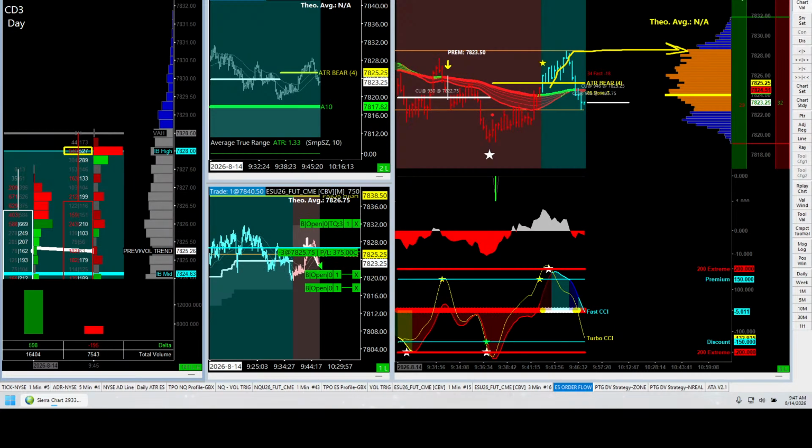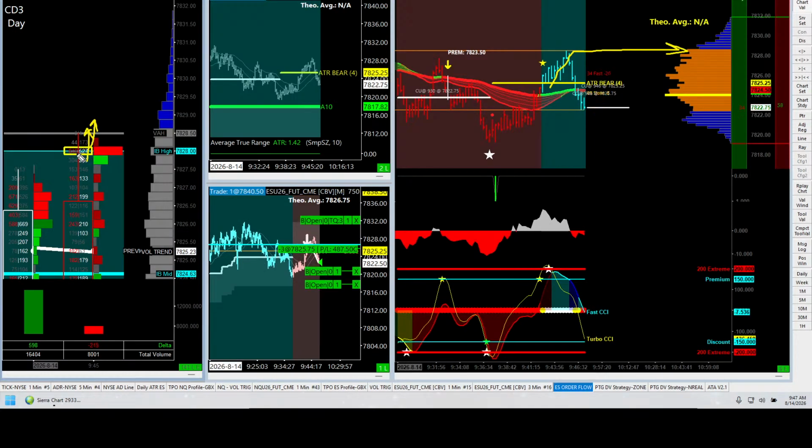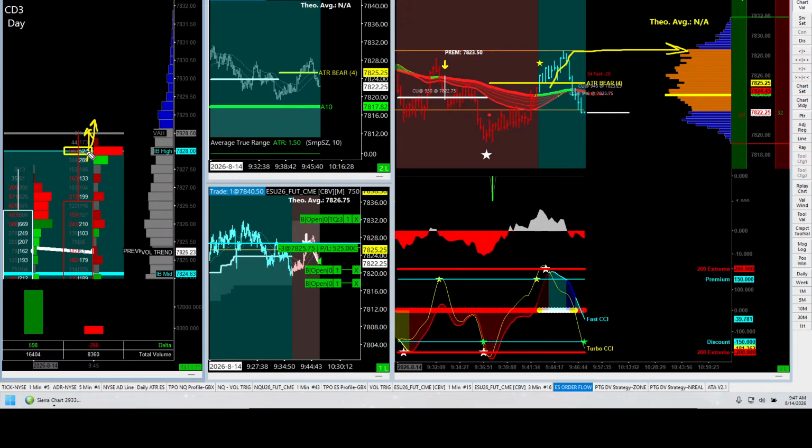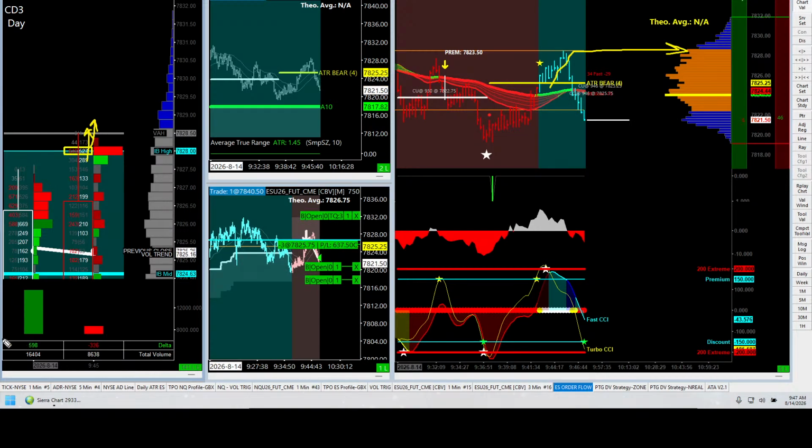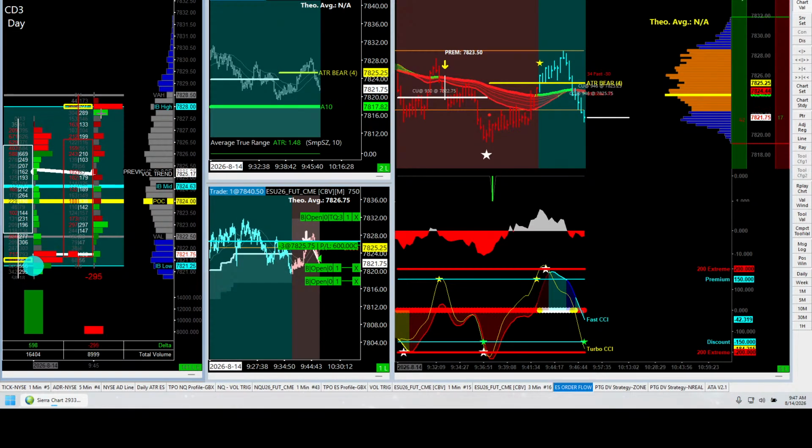What you want to see on order flow is persistent buying on the ask, the offering side of the market. Does everybody see that? This is again another one where you can utilize order flow at particular inflection points to validate whether or not there's a potential for the market to move directionally.